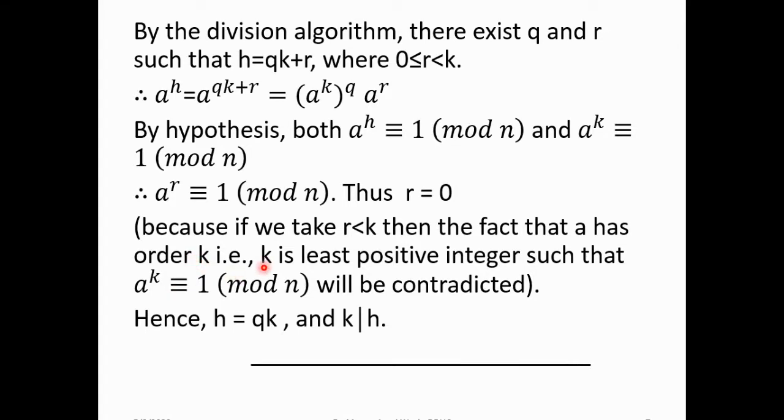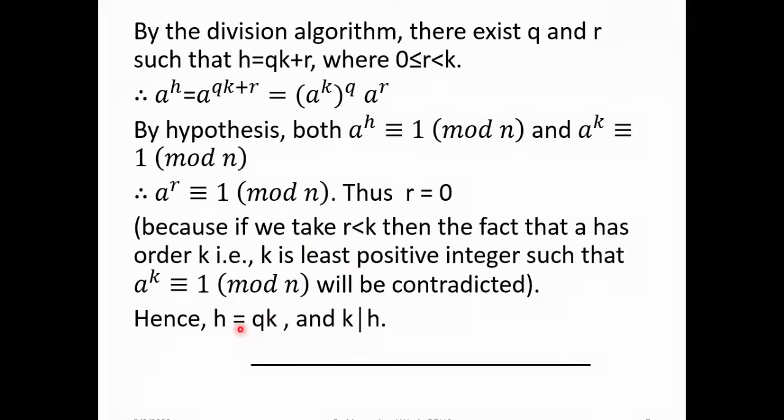So k is the least positive integer such that a to the power k is congruent to 1 mod n. That would be contradicted, because r would be less than k, but k is the least. So we cannot have any r less than k with this property. So that is not possible. So if r is not less than k, that means r should be 0.